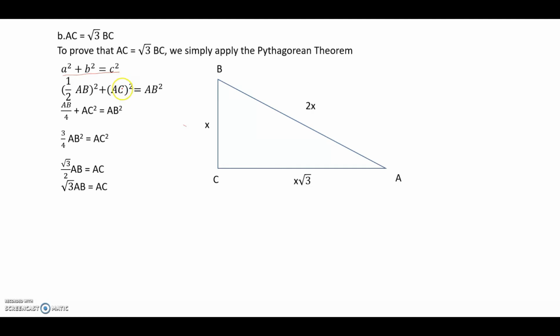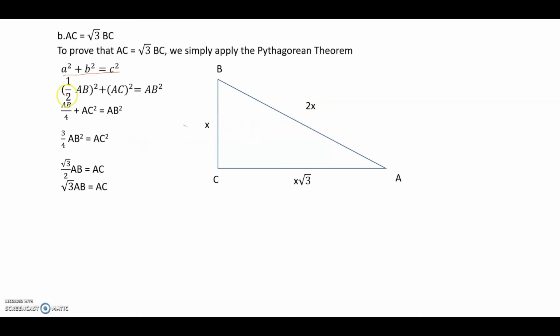Then we just plug in all the sides given. We have 1/2 AB quantity squared plus AC quantity squared equals AB squared.